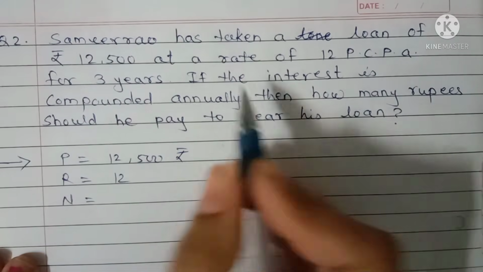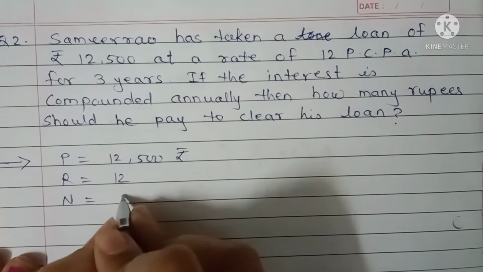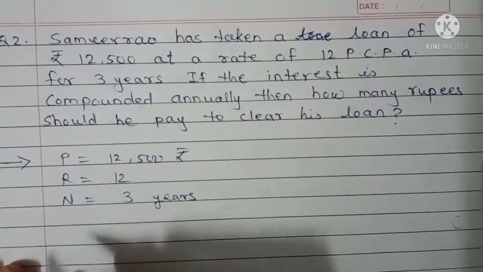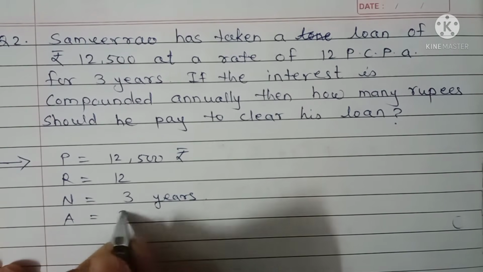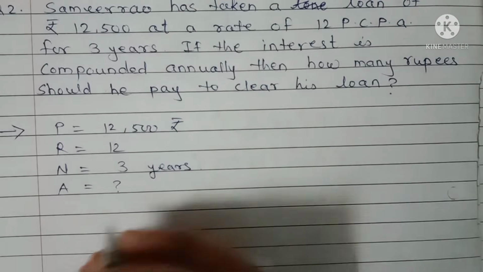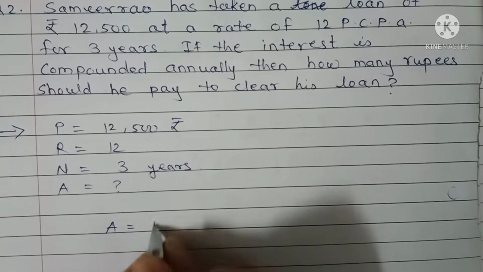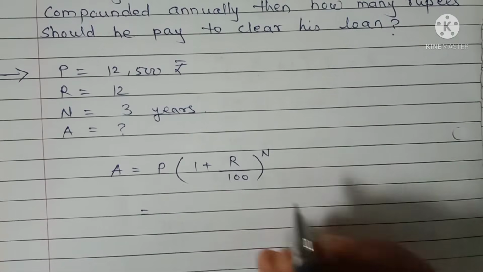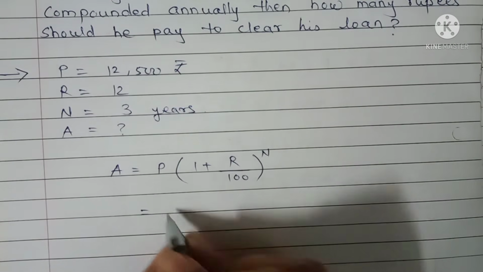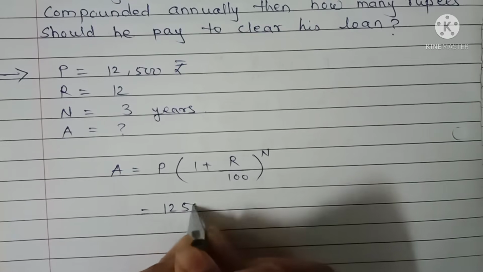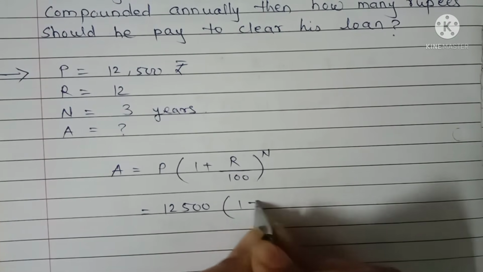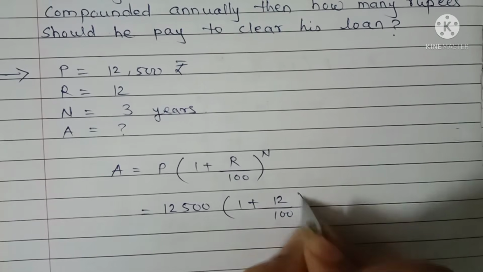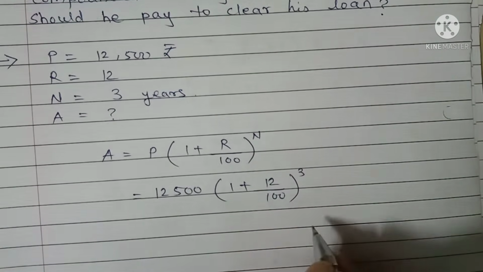N is equal to 3. And what you have to find? Amount. Formula of amount: P into bracket 1 plus R upon 100 bracket raised to N. Now put the values. P is 12,500 into bracket 1 plus R is 12 upon 100 bracket raised to 3.